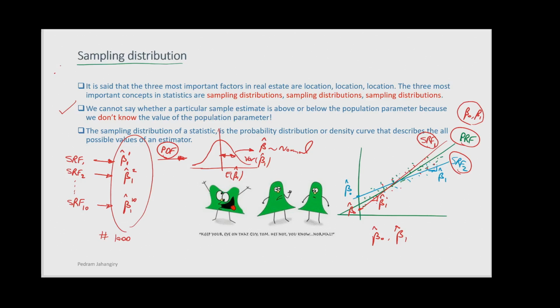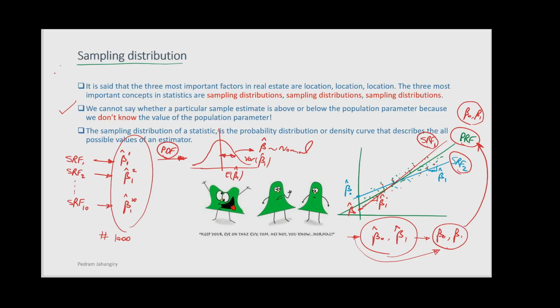So I get a number for beta hat 0 and beta hat 1, but I never know how close or far these numbers are from beta 0 and beta 1, which are the population parameters. This sounds a little abstract, but I hope you realize what we're trying to do. We're trying to come up with these numbers, and we hope they are as close as possible to something which is unobservable.